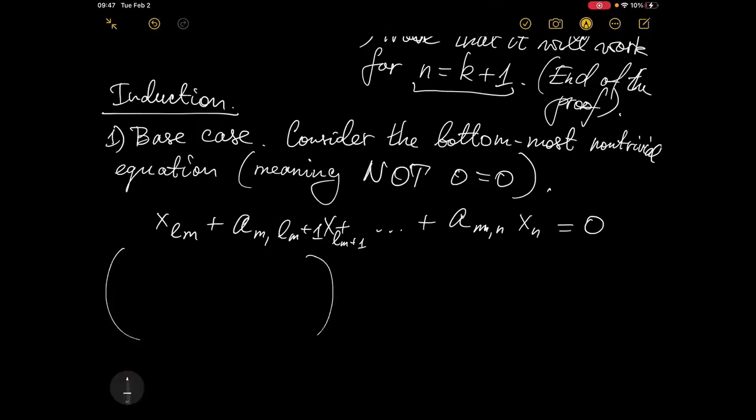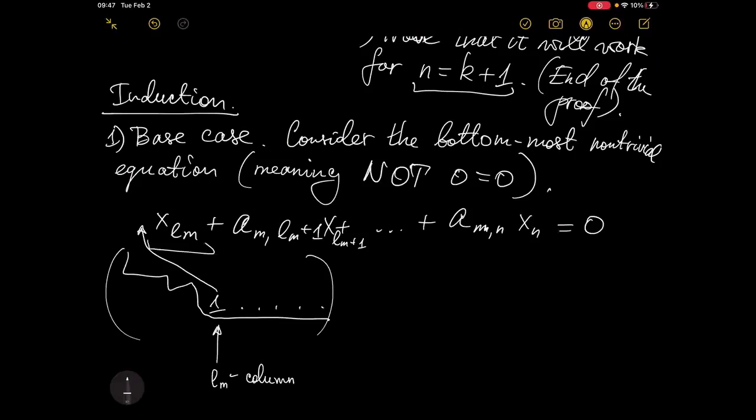So in the row echelon form, this is bottommost, and some coefficients here, right? Then this coefficient is the coefficient in front of the LM column, corresponding to some unknown XLM, right?